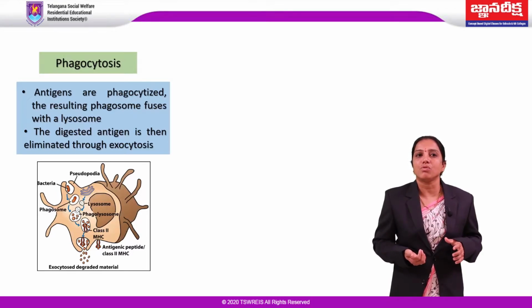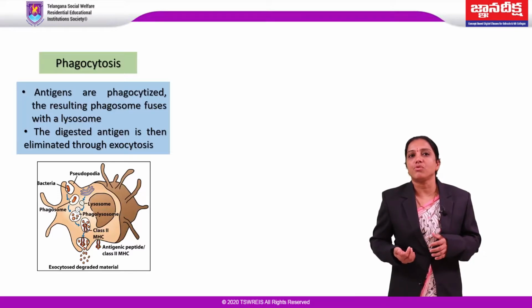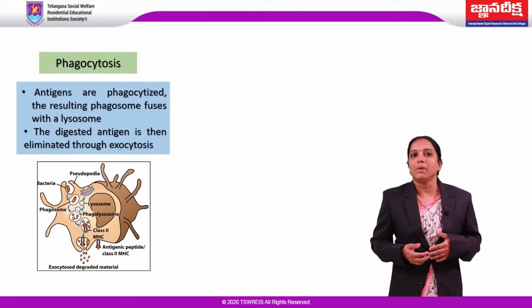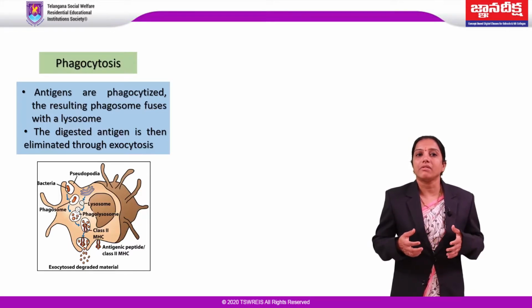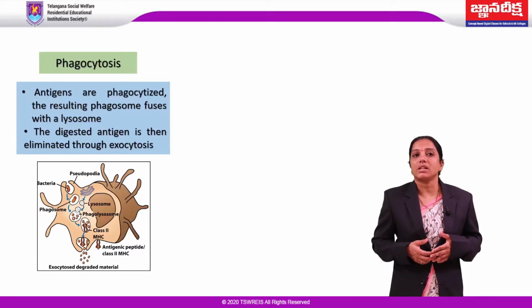And then this phagosome fuses with the lysosome to form a phagolysosome and mediates the destruction of the particle by forming structures which mainly contain hydrolytic enzymes for the degradation of the bacteria. Among different phagocytic cells, macrophages are the large cells which eat more bacteria.